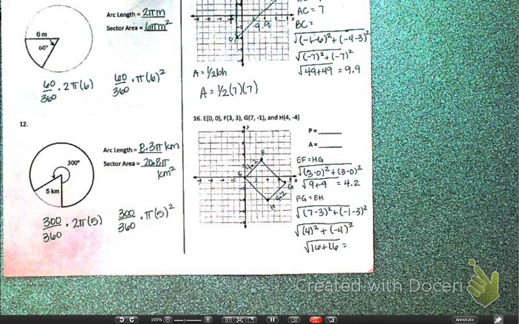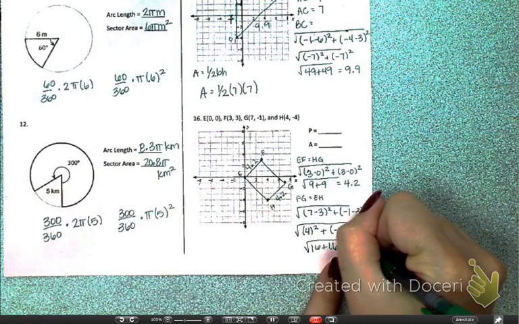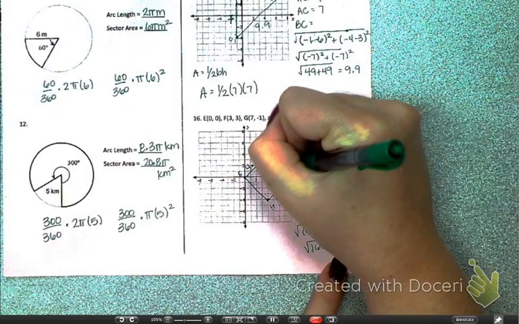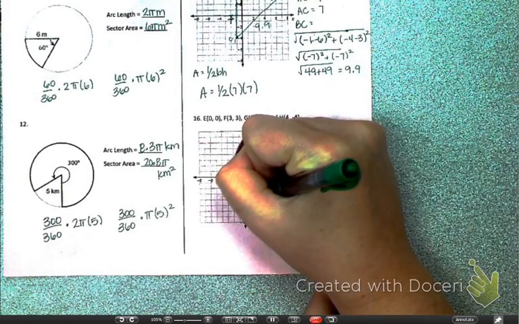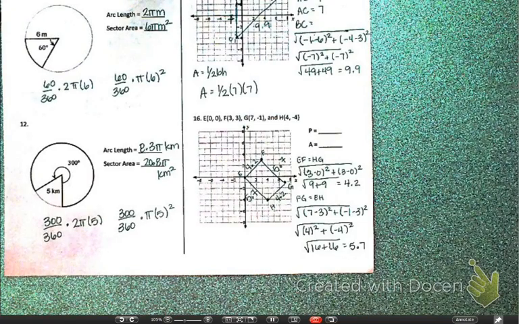And the square root of 32 is 5.7. Again, if you can get the side lengths, and we should be really good at distance formula, that's 4 of the 6 points.